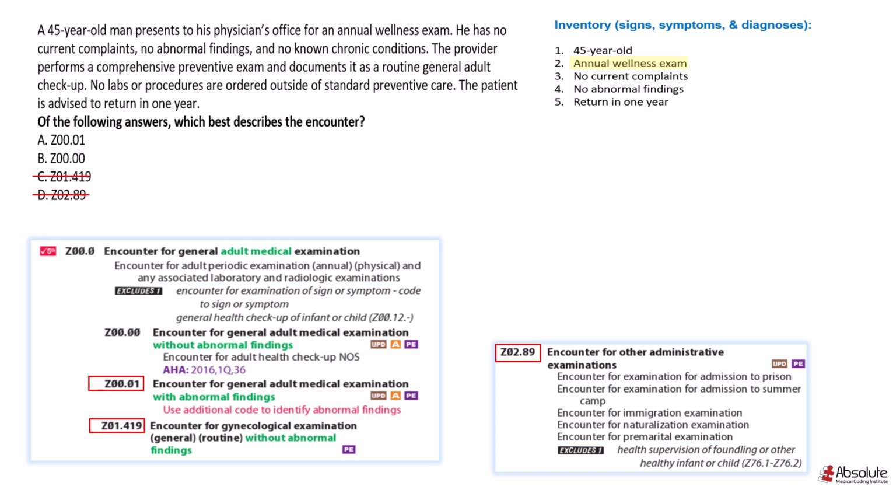Just as we reviewed, we have a patient for general examination, annual wellness examination, without abnormal findings. So we can eliminate option A as well. The correct answer is going to be Z00.00, which is for encounter for general adult medical examination without abnormal findings. So option B is your correct answer.